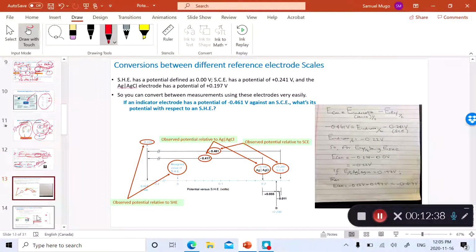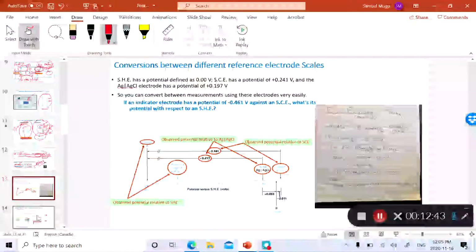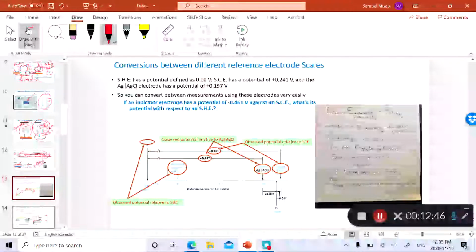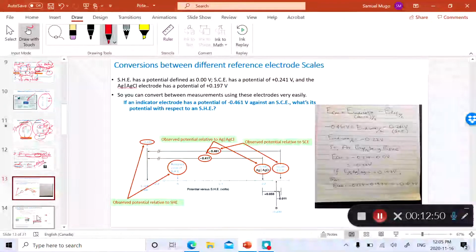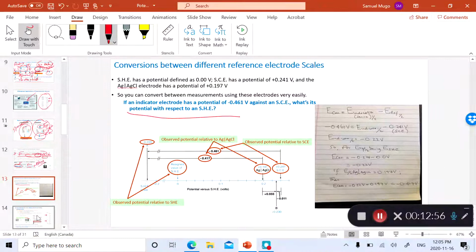So take note of this: irrespective of which reference electrode you use, if you know the E of that cell, you can interconvert between different types of reference electrodes. I'll give you an example. Assume you have a situation where an indicator electrode has a potential of this against a saturated calomel electrode, which is this mercury reference electrode.